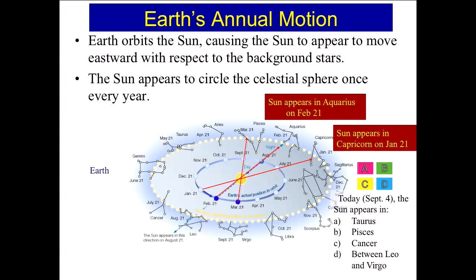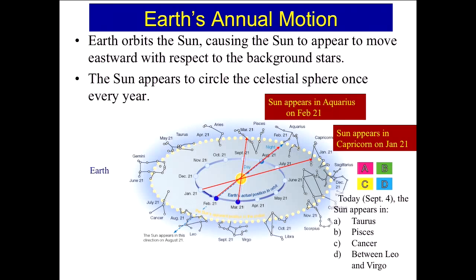In fact, what constellation is the sun in front of today, September 4th? And there's 4 possible answers: Taurus, Pisces, Cancer, and between Virgo and Leo. September 4th.